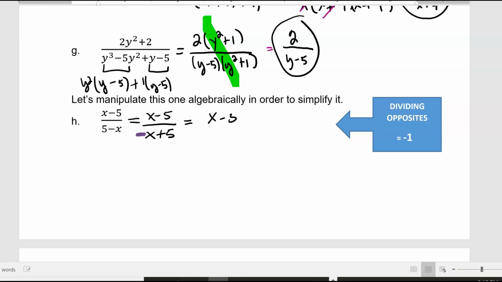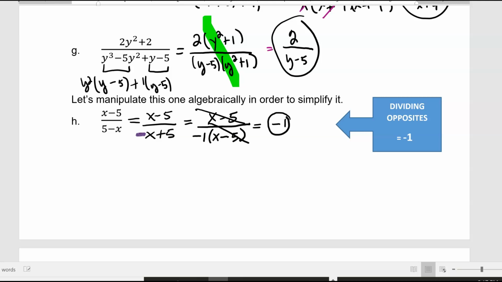So here we go. x minus 5 divided by... in chapter 5, you were able to learn how to factor out negative 1. So if we factor out a negative 1 here from the denominator, we'll get negative 1 times x minus 5, right? So we just factor out that negative 1 so that we can simplify this expression. Notice that x minus 5 cancels out, and we're left with just a negative 1.